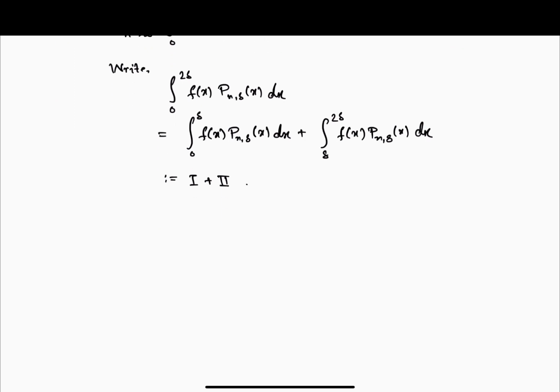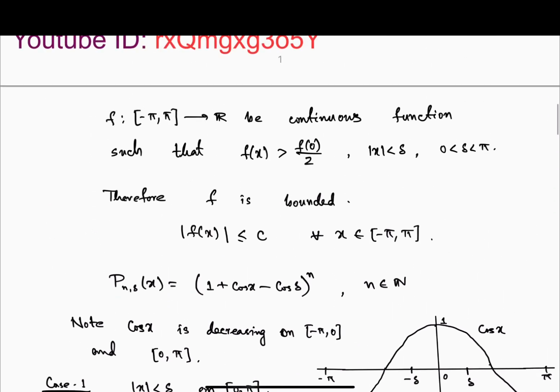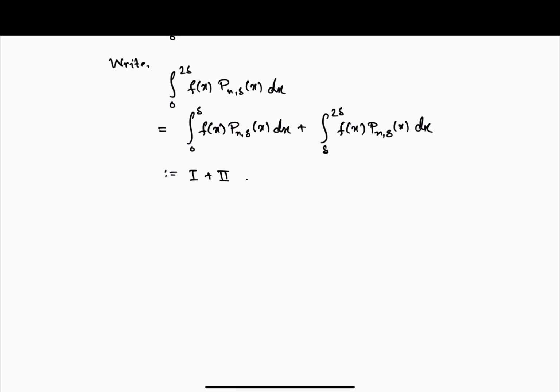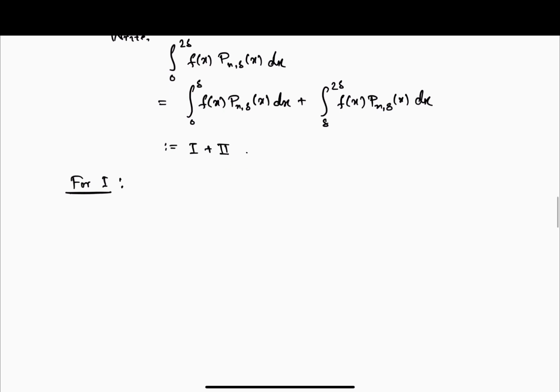So you know what is the property of f? We know that f(x) is bigger than f(0) by 2 in this region, right? So we'll use this one. First let's check this for I1. On the integration from 0 to delta, f(x) is bigger than f(0) by 2, right?